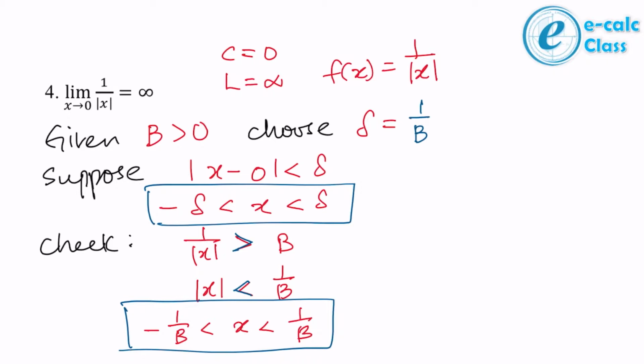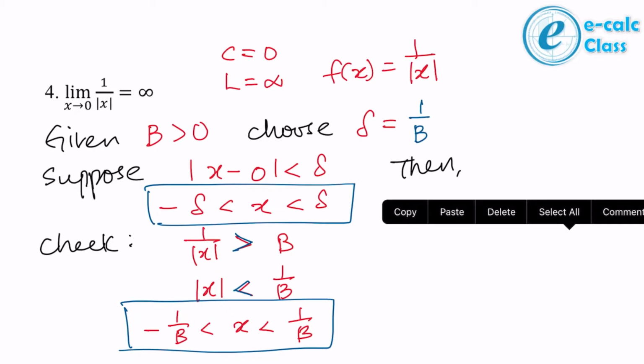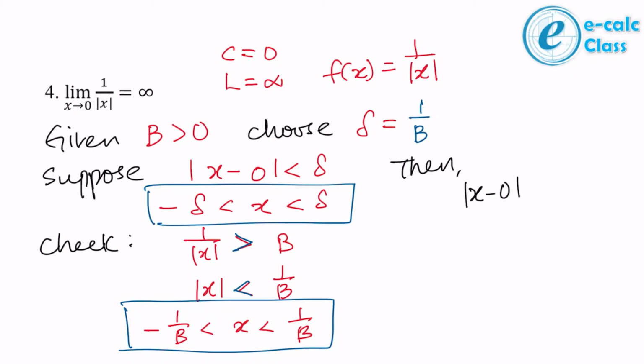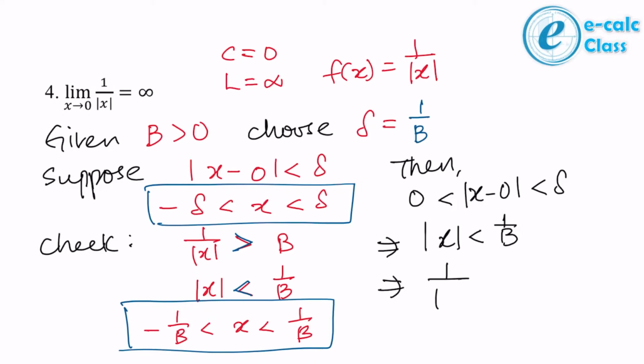And what does it mean? Okay, because like the previous question, we didn't actually go and interpret what we have written. So let me just write like this. If everything is proven to be true, then after all this, you should remember your x minus 0, which is x minus c, smaller than delta, greater than 0, means your absolute value of x is smaller than 1 over b, which means, actually I'm doing the reverse part.